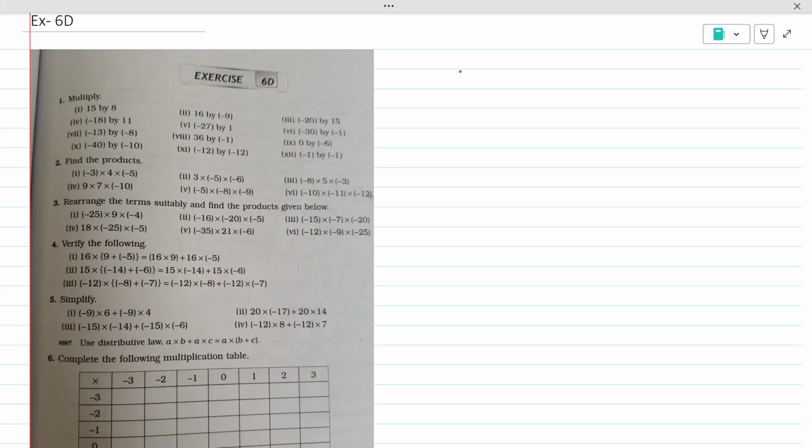integers. So the first rule is that if we multiply a negative integer with a negative integer, we will get a positive integer. Or you can also say minus multiplied by minus will give you plus. Second one is plus, that is a positive number multiplied with a positive number will give you a positive number only.